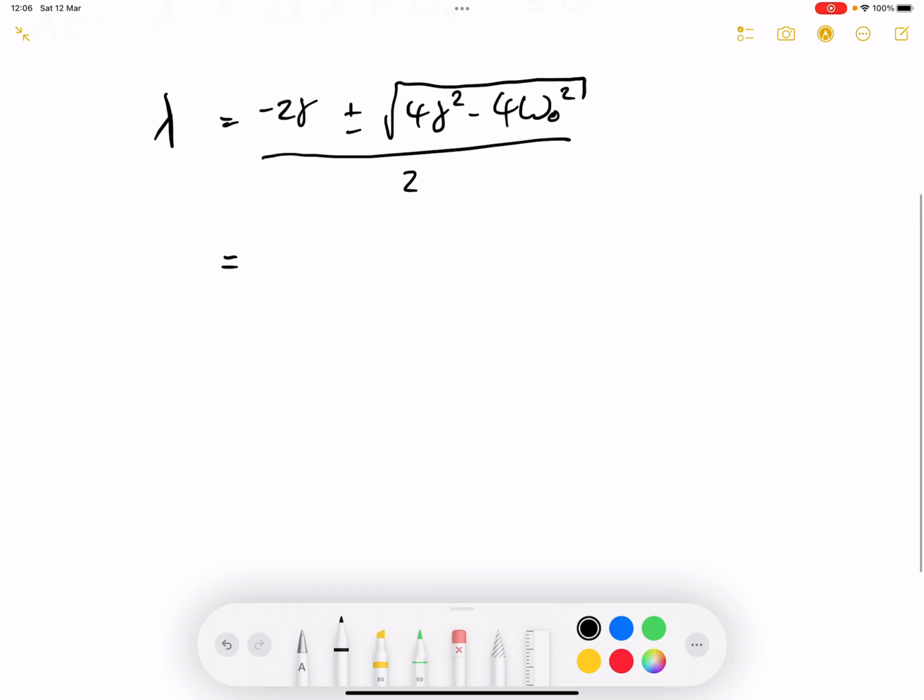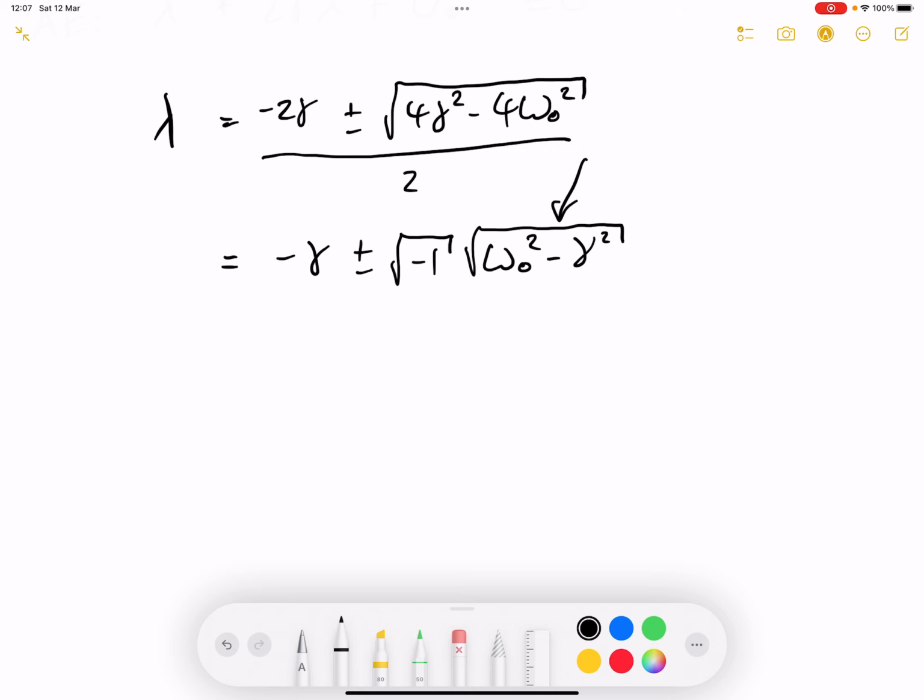I'm going to cancel all the 2's in this equation, so I get minus gamma plus minus root minus 1 square root omega naught squared minus gamma squared. Okay, so all I've done is I've taken out a factor of minus 1 in here, and I've also taken out that factor of 4 and cancelled it.